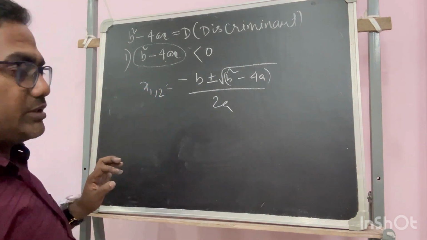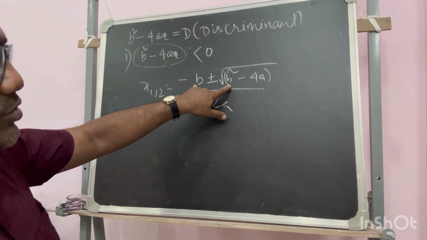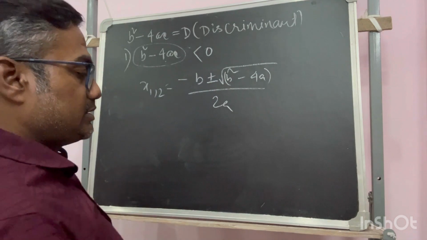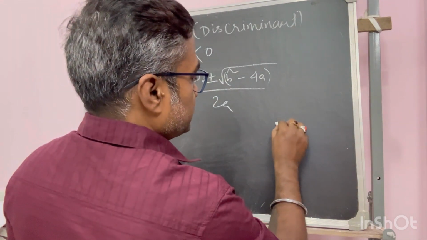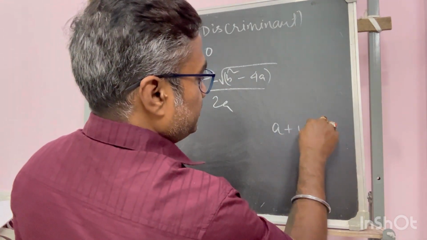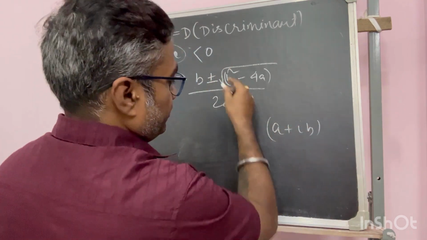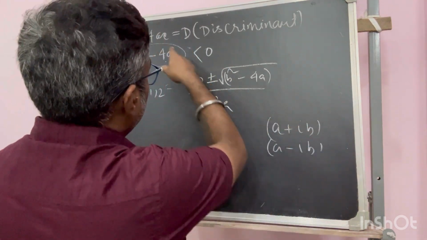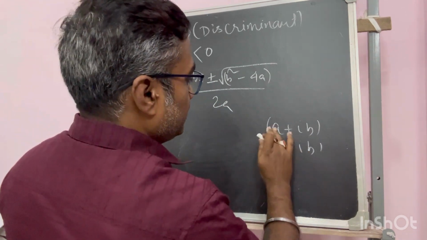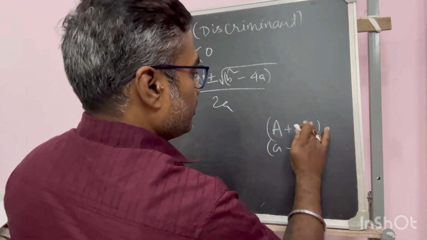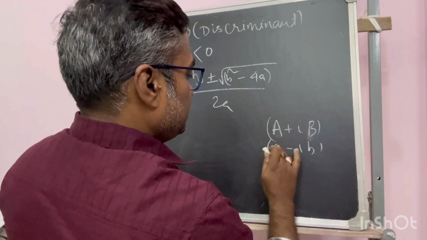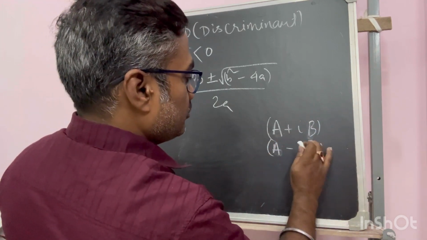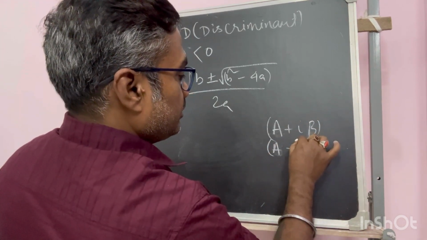This is imaginary, but it will also come in conjugate form, because if a plus ib is one of the roots, the other will definitely be a minus ib. This a is not the same a I am using here; let's say for clarity, in this form you are getting it, so the other root you will also get in this form only.